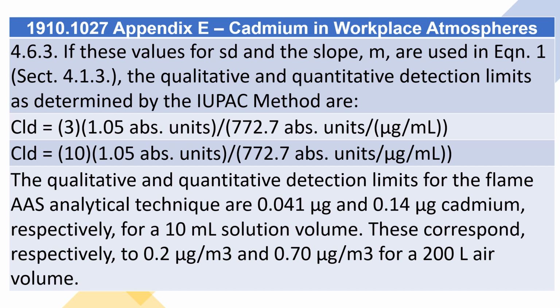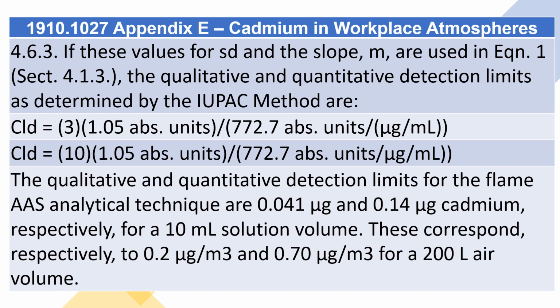4.6.3. The qualitative and quantitative detection limits as determined by the IUPAC method are CLD equals 3 × 1.05 abs. units / 772.7 abs. units/µg/ml, and CLD equals 10 × 1.05 abs. units / 772.7 abs. units/µg/ml.